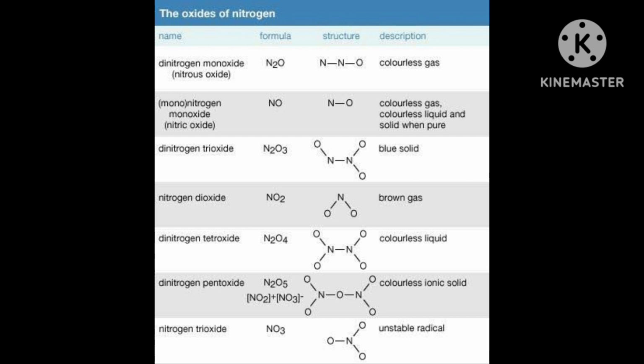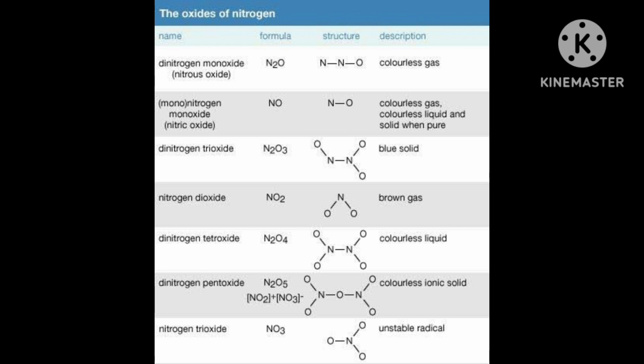If you heat ammonium nitrate, you will get N2O and water. The balanced equation is NH4NO3 gives N2O plus 2H2O, after heating ammonium nitrate.